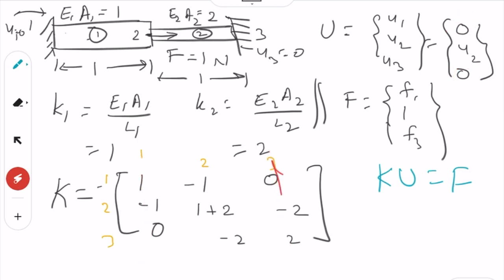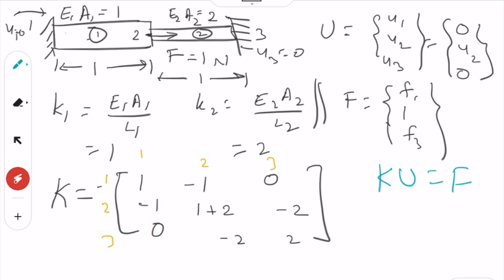Since this is 0, the first row and last row are not relevant, and in order to find U we will not need them, since they multiply and make it 0.